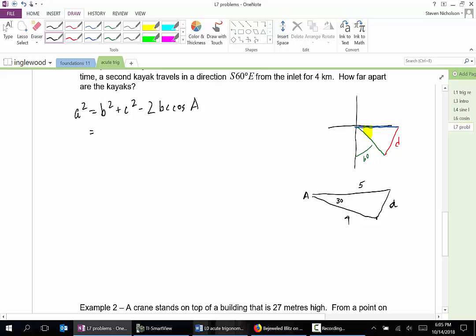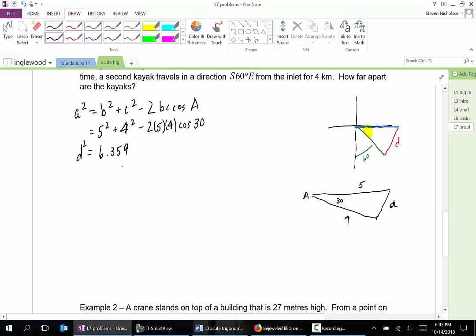So now we're going to plug in, and in this form of the cosine law, this is where your calculator is super good, because all we're going to do is plug in all that information. Sorry, that's a 4. We plug in all that information and simply ask our calculator to do the answer. So we could plug it all in, and I've done that, and here's what I end up with.